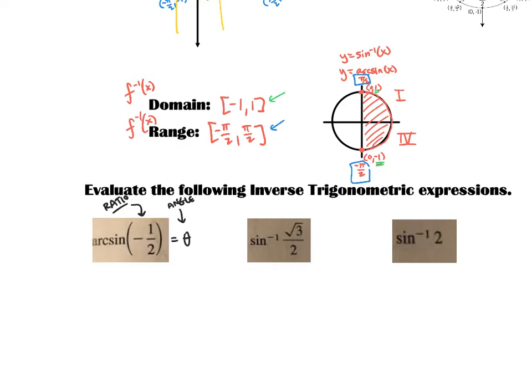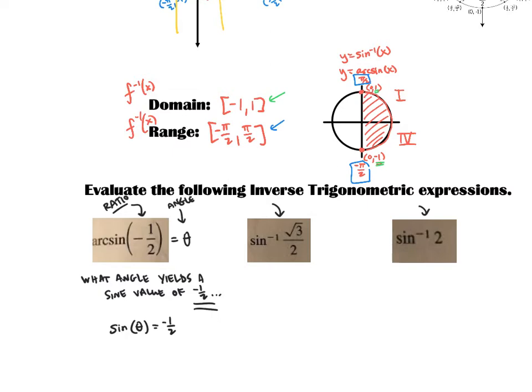When it asks for the arc sine of -1/2, that's saying what angle yields a sine value of -1/2. You're going to fill in the blank as we go along to the other examples. So in essence, it's asking you this: sine of what angle equals negative 1/2.